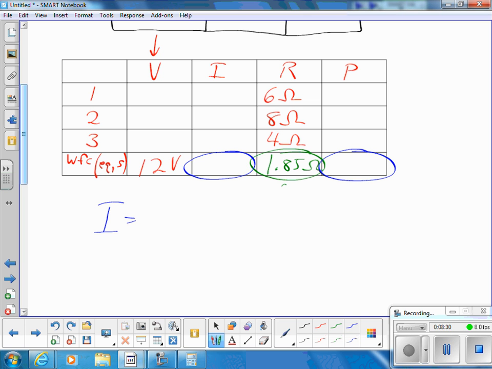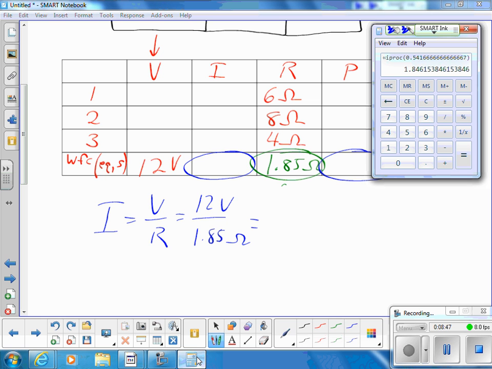I equals V over R because I've got potential difference and I have resistance. And again, I picked the 2 numbers out of the same row, and this is the row for the whole friggin' circuit. So I've got 12 volts divided by 1.85 ohms. And Mr. Calculator, clear that bad boy, 12 divided by 1.85, and that gives me 6.5, I'm going to round that to 6.5 amperes.